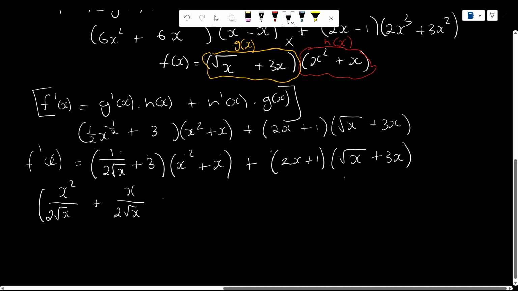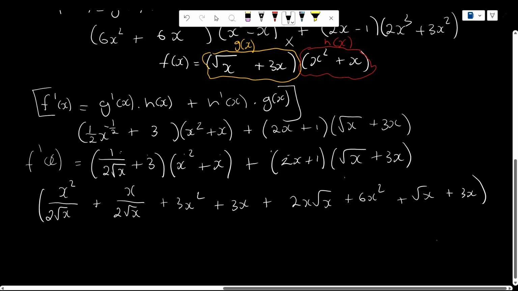Then that times that will give us positive 3x squared. That times that will give us positive 3x, and then plus that times that will give us 2x square root of x. That times that will give us positive 6x squared. That times that will give us square root x, and then plus 3x.